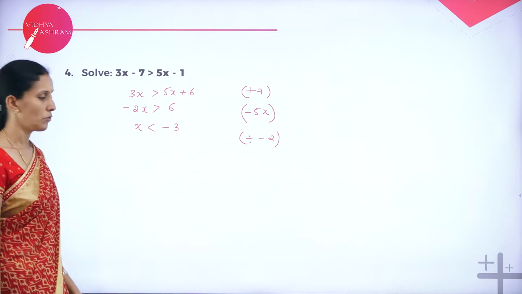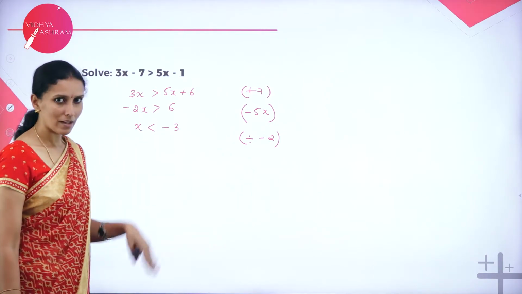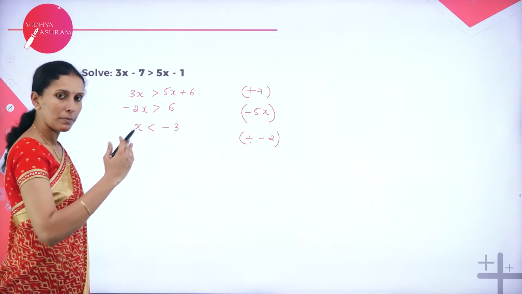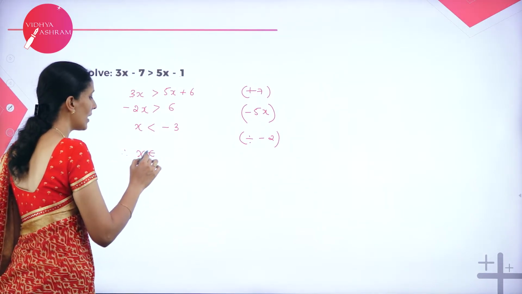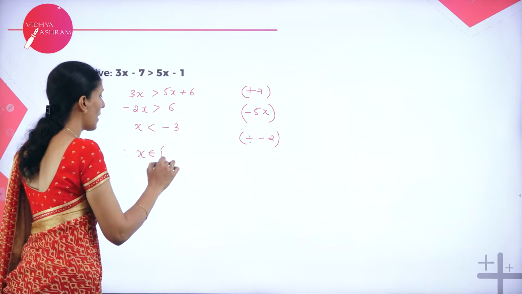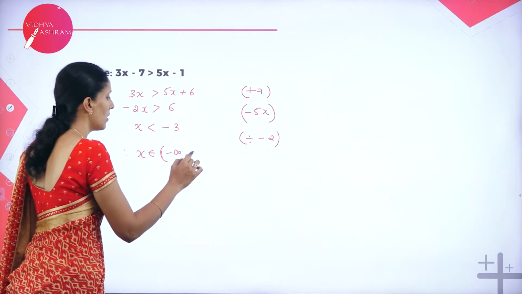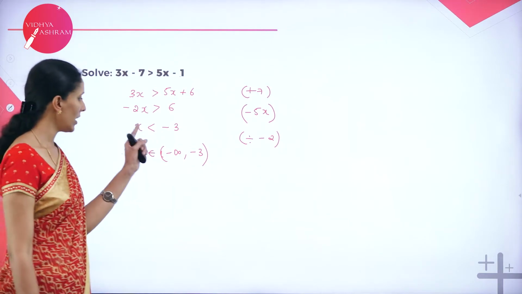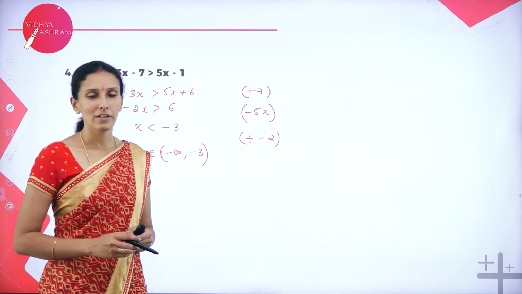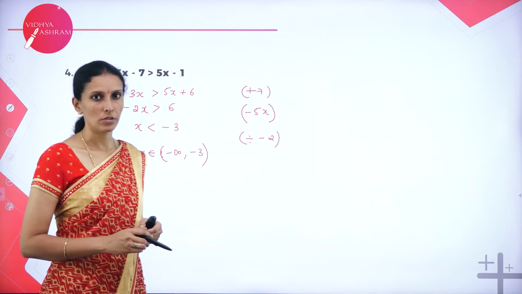So, this is the solution. X less than minus 3 is the solution, all the numbers less than minus 3. So, if x is a real number, then x can take the solution as (minus infinity, minus 3). All the numbers less than minus 3 is the solution for the given linear inequality.